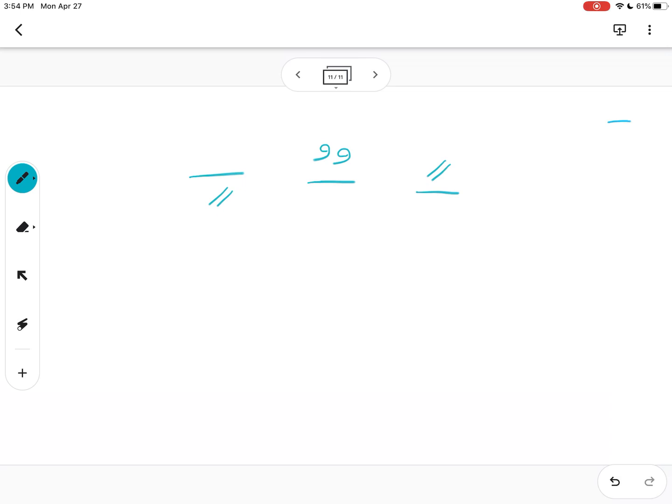So your regular fatha would sound like a, right? If you add the noon at the end, tanween al-fath is going to sound like an. It's the a sound with the n at the end, an. Dhamma sounds like u, add an n at the end, un. Kasra is i, add a noon at the end, in. An, un, in.